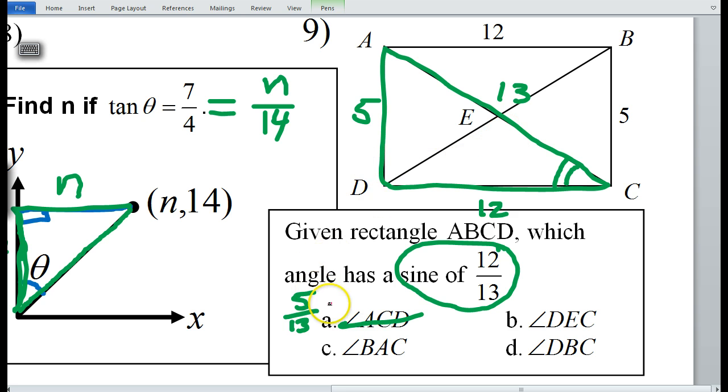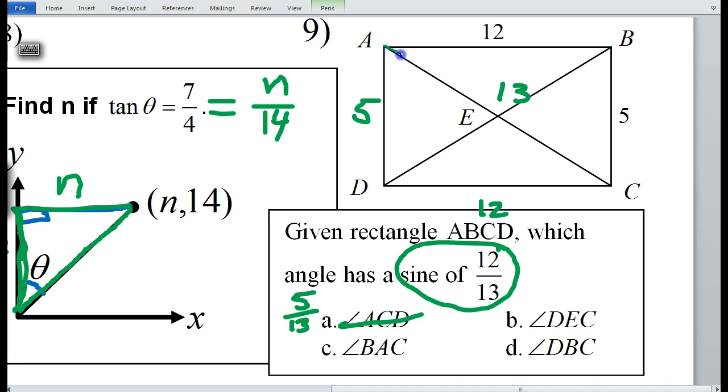Okay, so it's not A. Let's talk about C. Angle BAC is basically the same thing. Right?